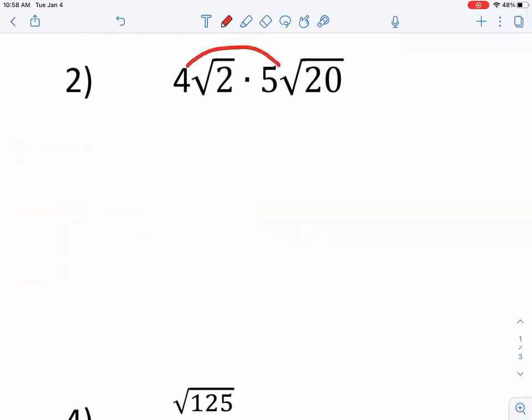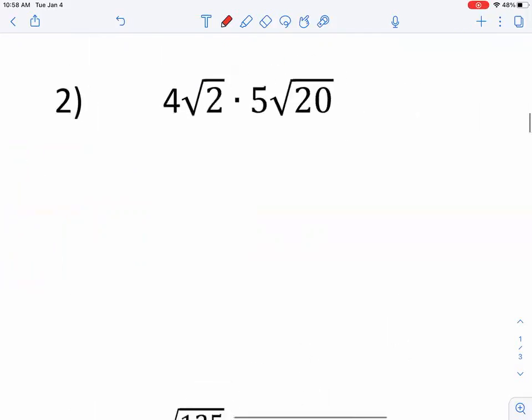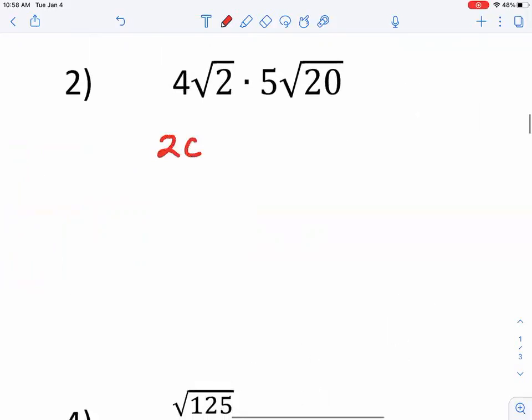So 4 times 5 is 20. And anything on the inside, 2 times 20 would be 40. So I just multiplied outside stuff and inside stuff. And now it looks just like our previous problem.